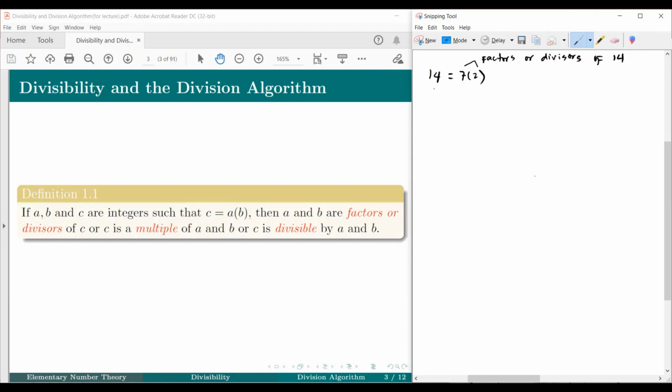And then here, 14 is a multiple of 7 and 2. Or we say 14 is divisible by 7 and 2. So that's it.